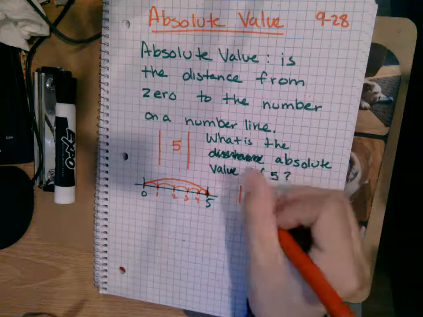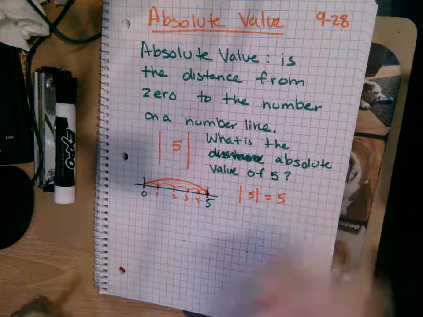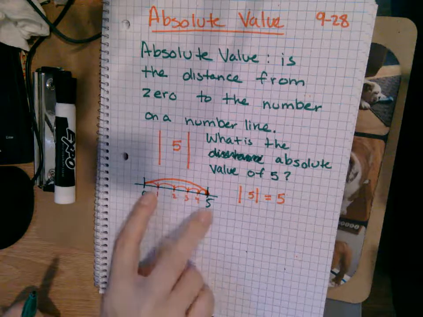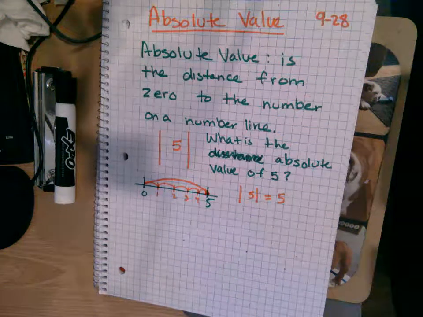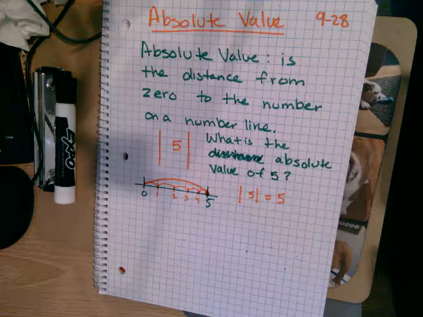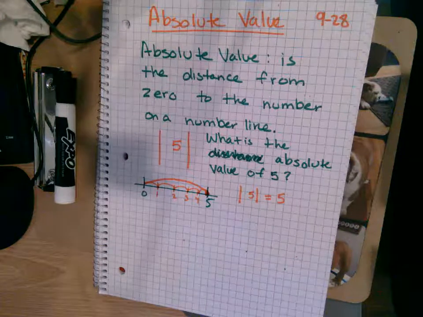So it was 5 hops. That means the absolute value of 5 is equal to 5, because I traveled 5 little hops from 0 to 5. And that's what this means. Absolute value means the distance from your number to 0. Okay?